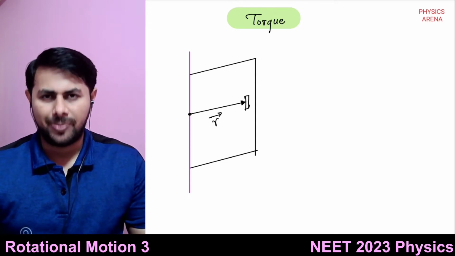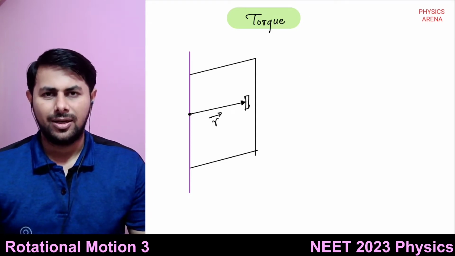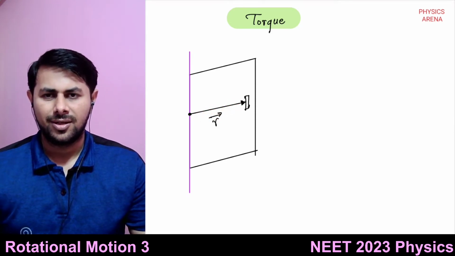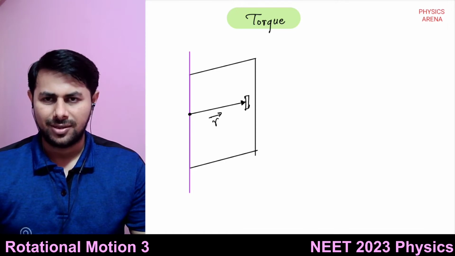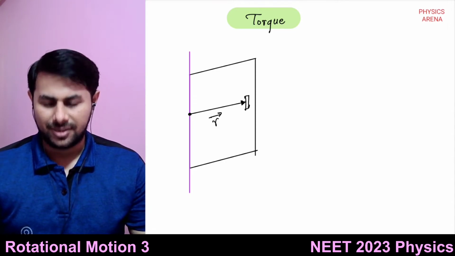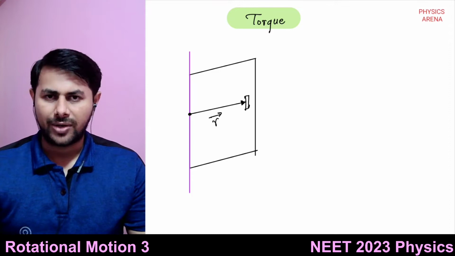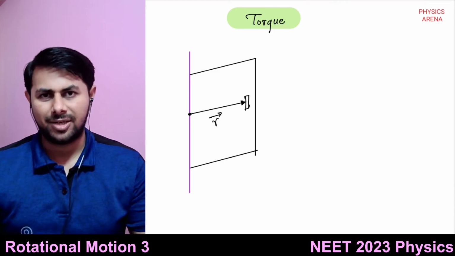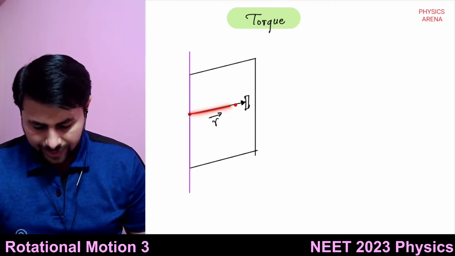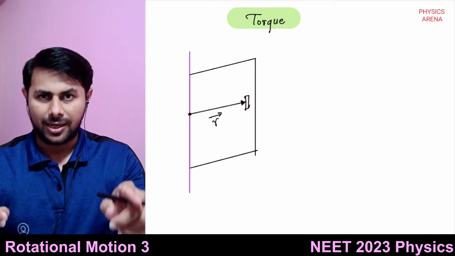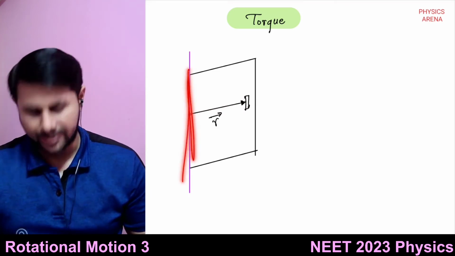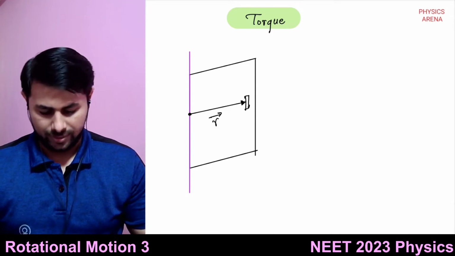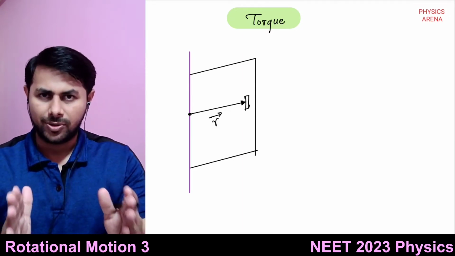So for maximum effect, what is the angle between the force and this r? It is 90 degrees. That means the quantity which will measure the rotational effect is directly proportional to r. The farther you are from the hinges, the more the rotational effect.